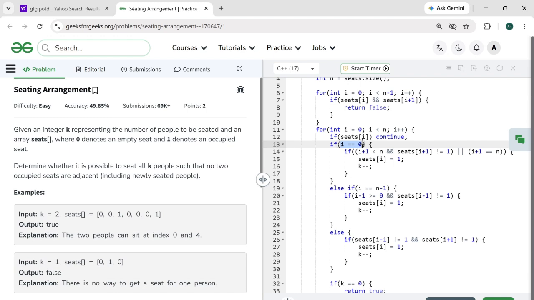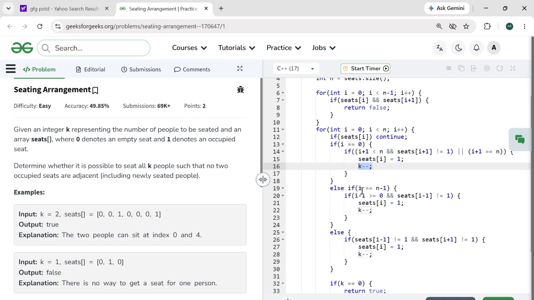And if i is equal to n minus 1, the last position, there would be only one neighbor, which is the previous one. So if the next neighbor is empty, I can simply mark the current place as 1, meaning occupied, and I'll simply decrement the value of k.